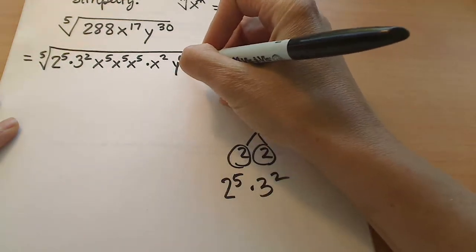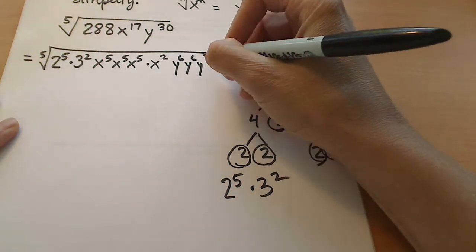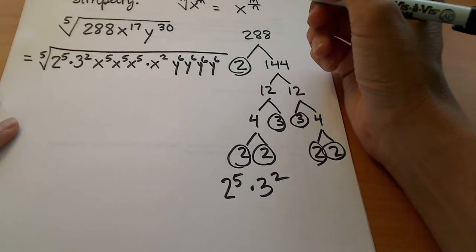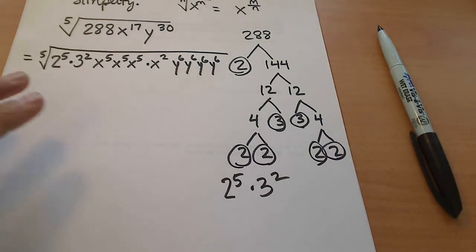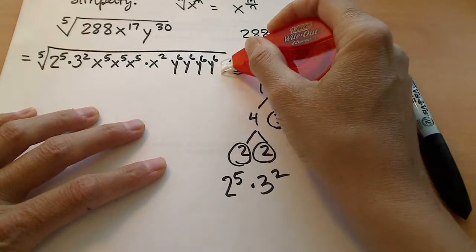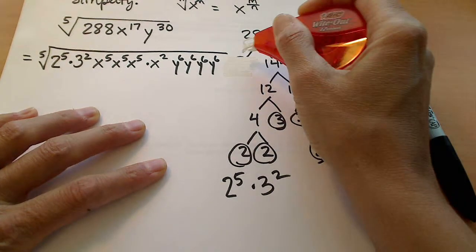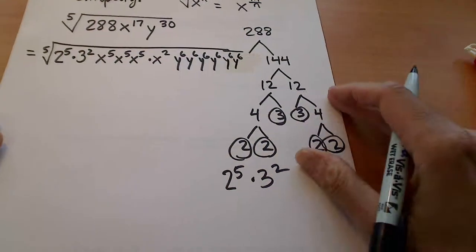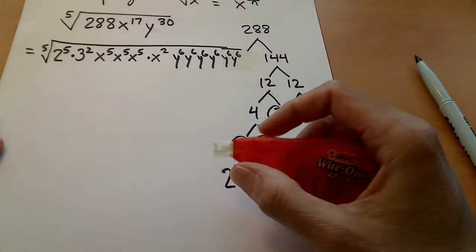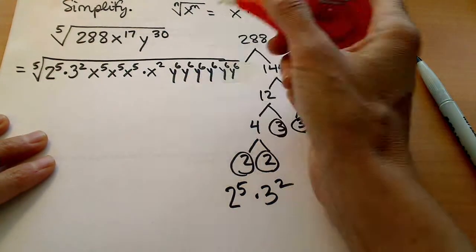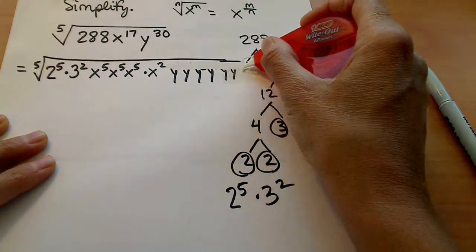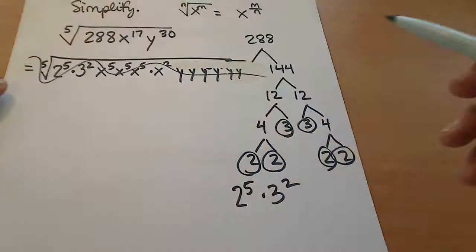Let's see if I can get that in here. Sorry, these are all fifth powers. Okay, let me just redo that. Let's get a new piece of paper.